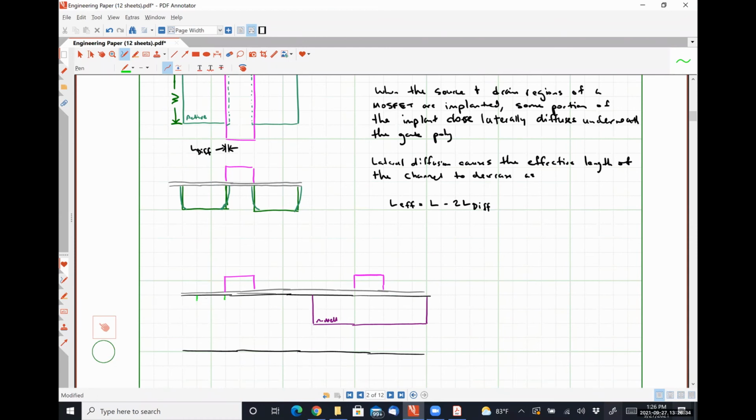So if I put in an incredibly highly doped region here, and do the same thing on the other side, right.